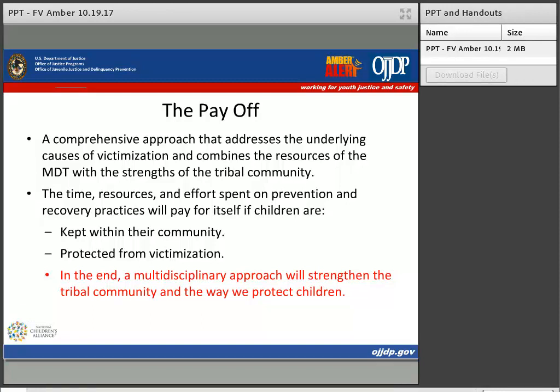successful program. Time, resources, effort spent on prevention and recovery, those are all going to pay for themselves in the end if we can keep our children within our communities, protect them from further victimization. Those are the payoffs for what we're trying to do. And for each of you, this multidisciplinary approach, what you're doing is strengthening the community, and you're strengthening the way we protect children.